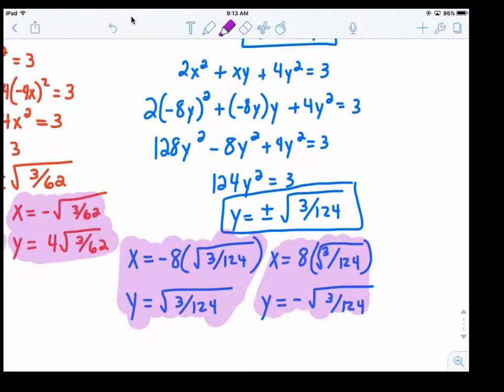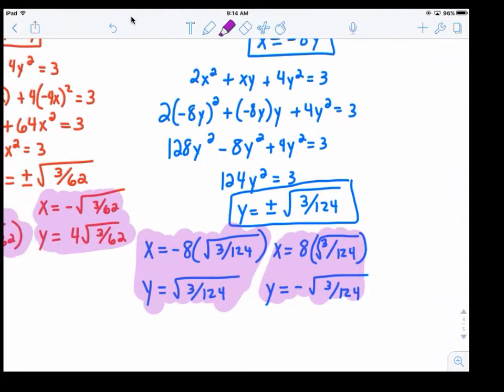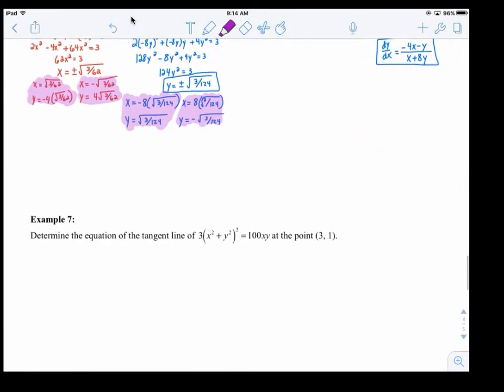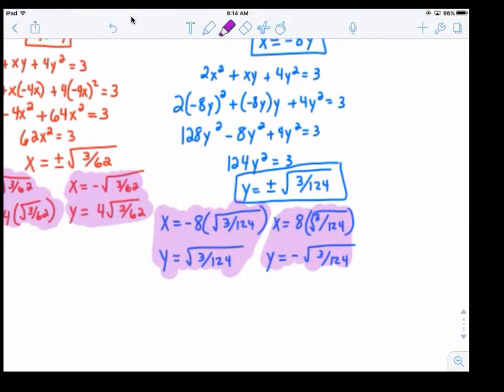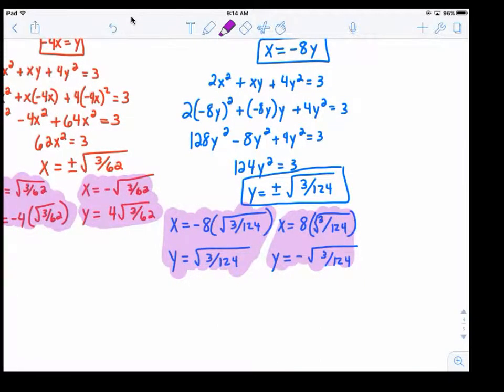Don't do that, that's my suggestion. Not right, but partial credit. Correct. So these are points where you have horizontal tangents, and then these points are where you have vertical tangents.